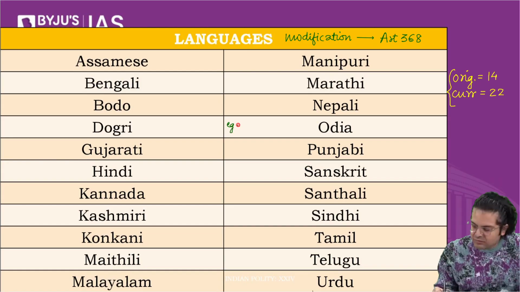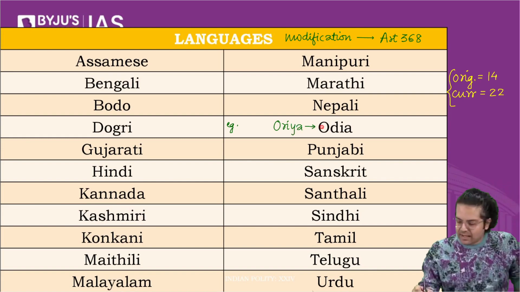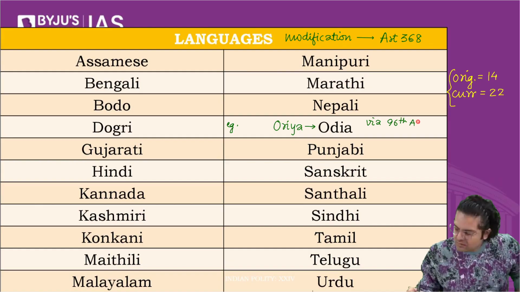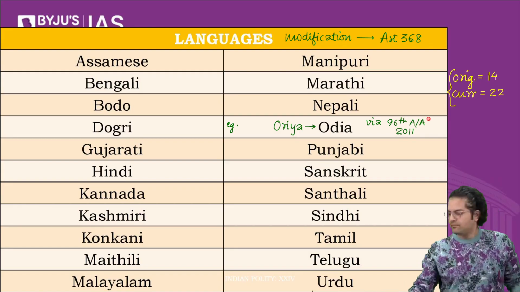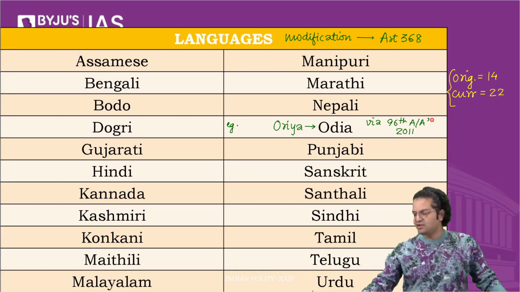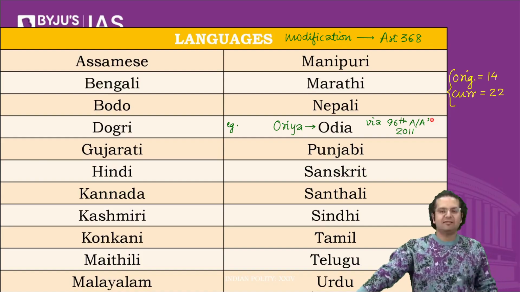We wanted to change the spelling of Oriya to Odia, and this was done via the 96th Amendment Act, 2011.